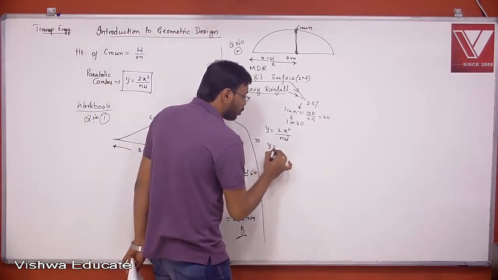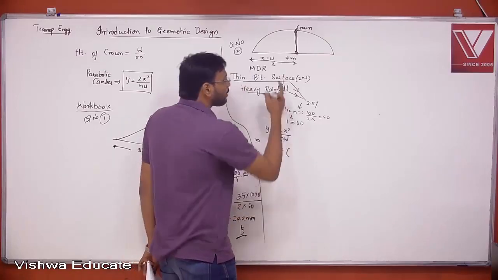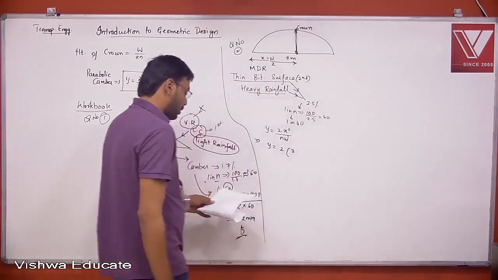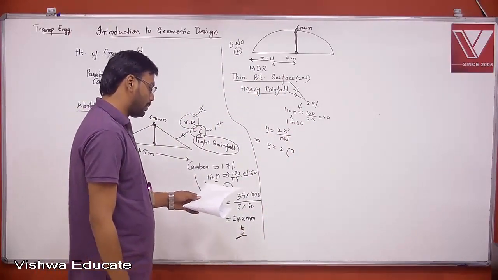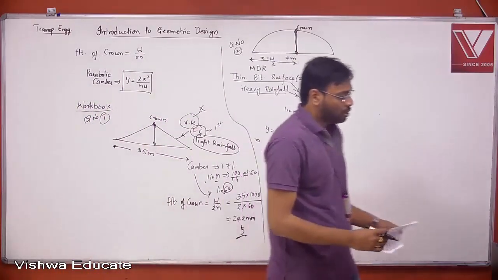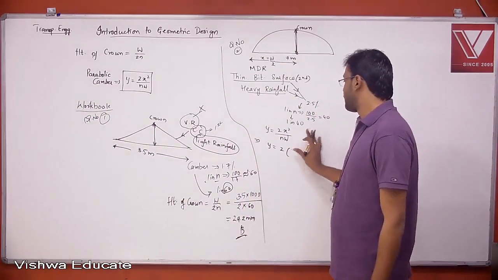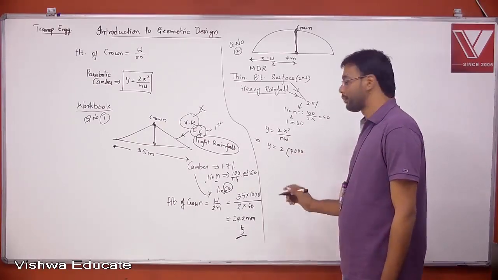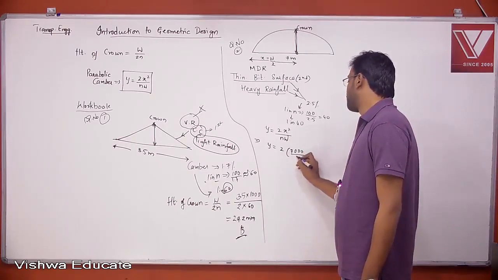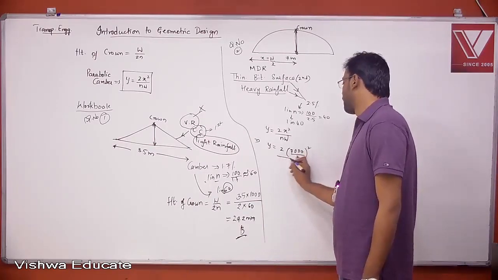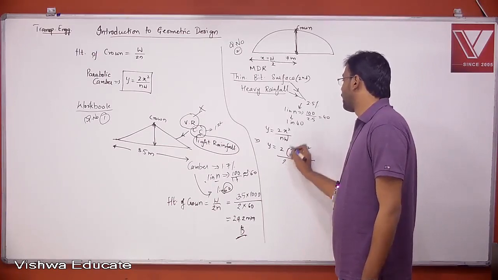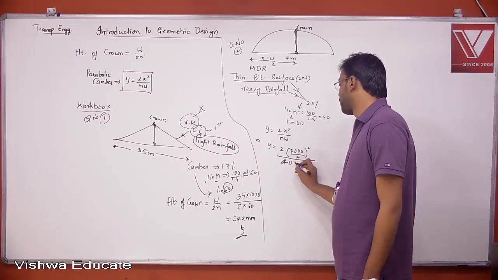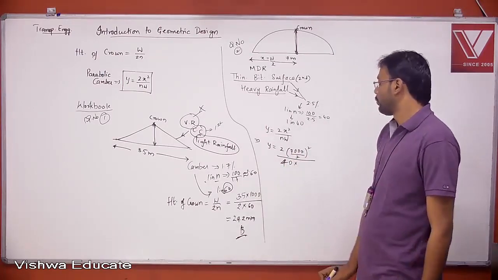So y is equal to 2 into x, where x is w by 2, say 7 meters, so 7,000 by 2 whole square divided by n. From this we got n as 40.